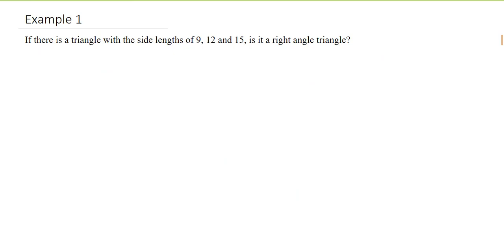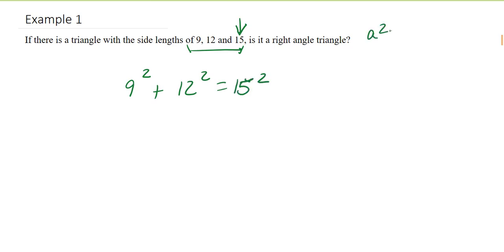Example 1: if there's a triangle with side lengths of 9, 12, and 15, is this a right angle triangle? We're going to use the Pythagorean Theorem to figure this out. We have 3 lengths, and we know our hypotenuse is always the longest length. So 15 is going to be our hypotenuse. We go 9 squared plus 12 squared is equal to 15 squared.